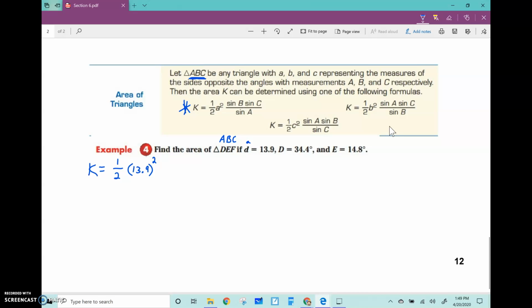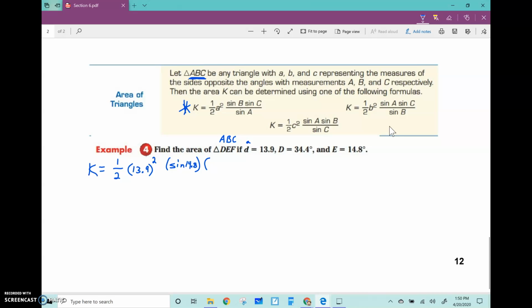And then I have a fraction next to that times sine B. And actually, let's just rewrite: sine B is also angle E. So angle E is 14.8. Times sine C. C is the same as angle F. And I don't have F.